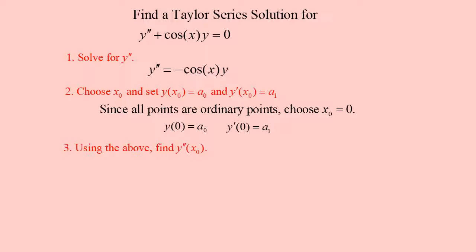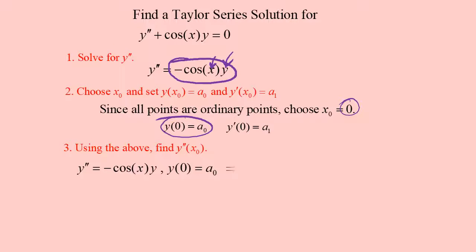And so we take our second derivative that we just solved for. In place of the x in the second derivative, that's here, in place of the x, we want to use a 0. In place of the y, we want to use a0.